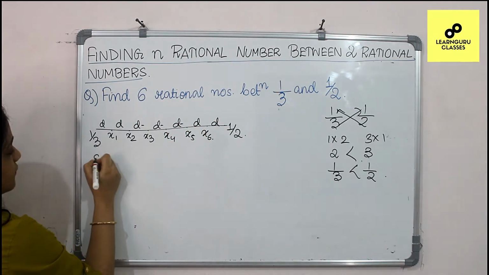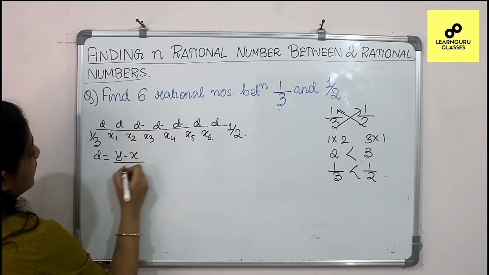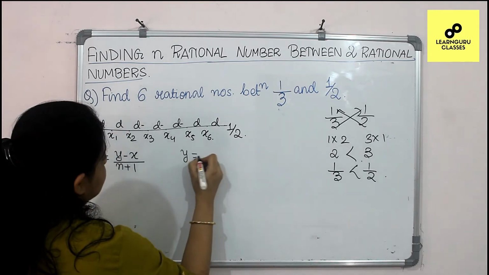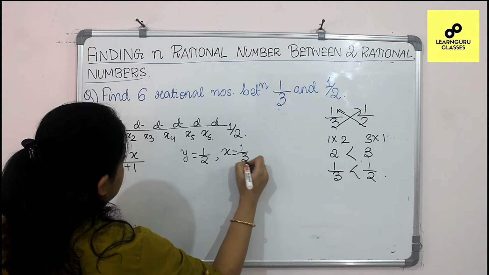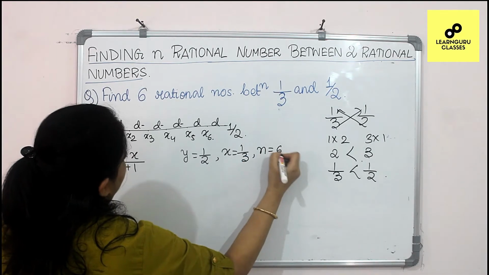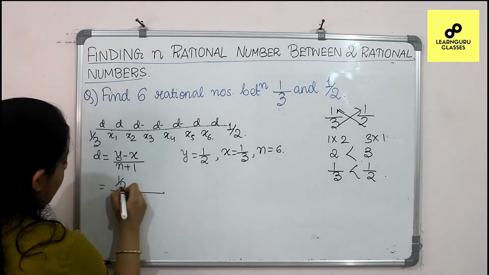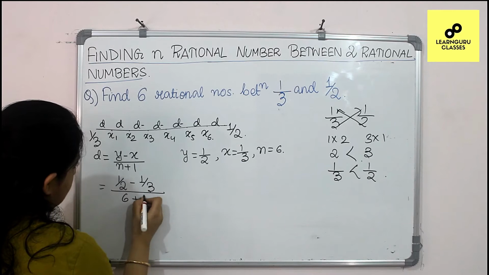So next is you have to find out the value of d, where d equal to y minus x divided by n plus 1. So y is half, x is 1 by 3 and n is equal to 6. So this is half minus 1 by 3, divided by 6 plus 1.